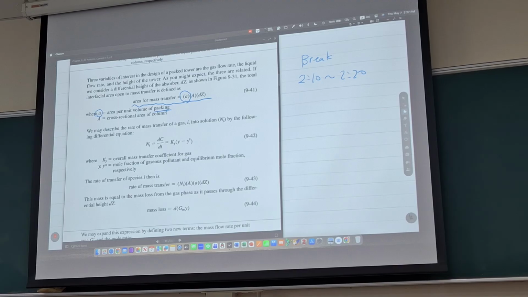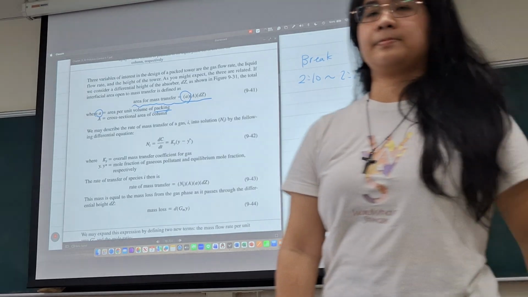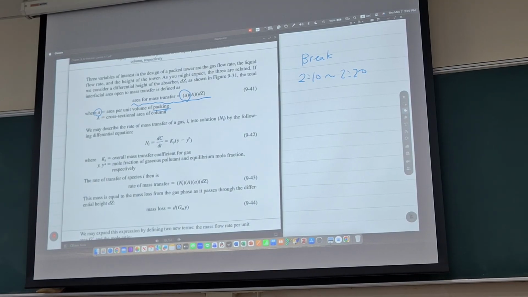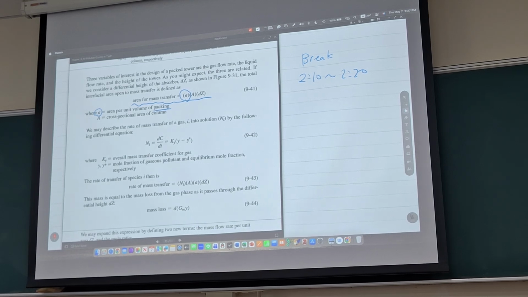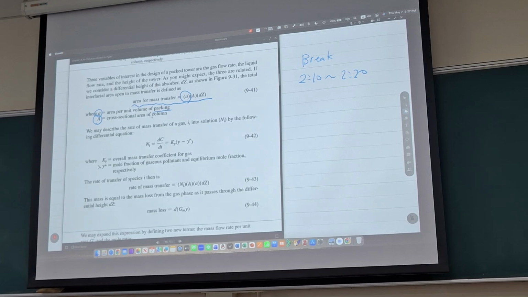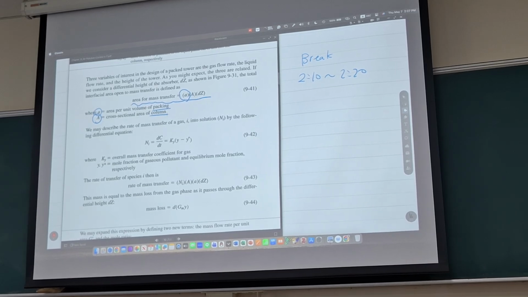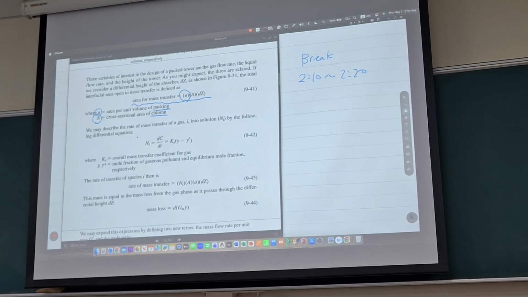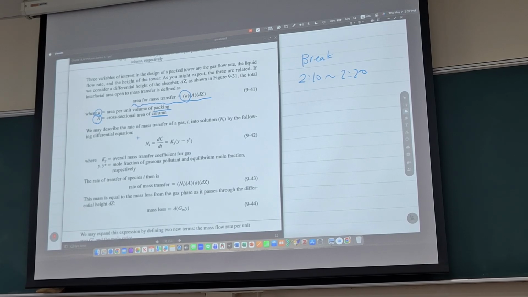The small a stands for the area per unit volume of packing. And capital A is the cross-sectional area of column. Do I give you this page? Yes, right. Because I saw some students take photo, I didn't give this page.